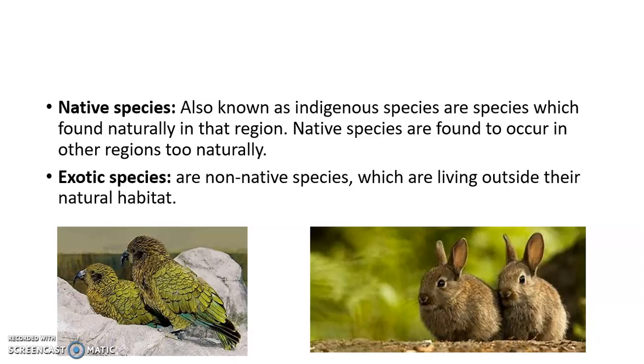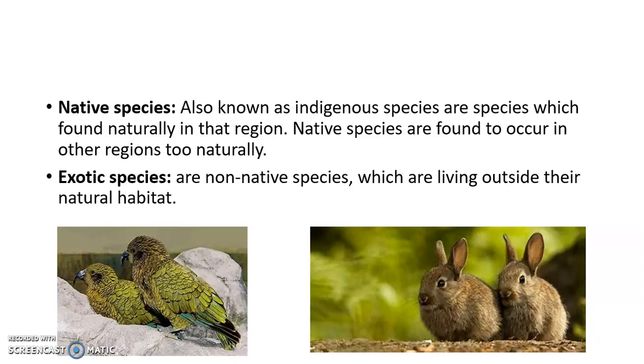Similarly, koala originated from Australia, and so these are native species to Australia, but these can be found in other places as well. So the native species are those species which originate from one region, but they can be found in other regions as well. While the exotic species are those species which are non-native species or non-indigenous species, because they live outside of their natural habitats.